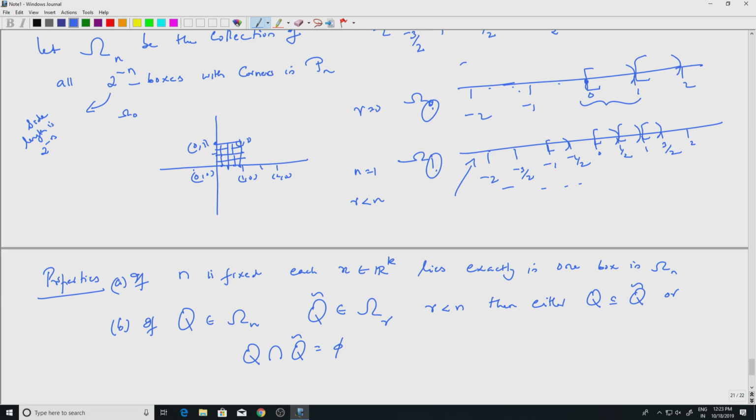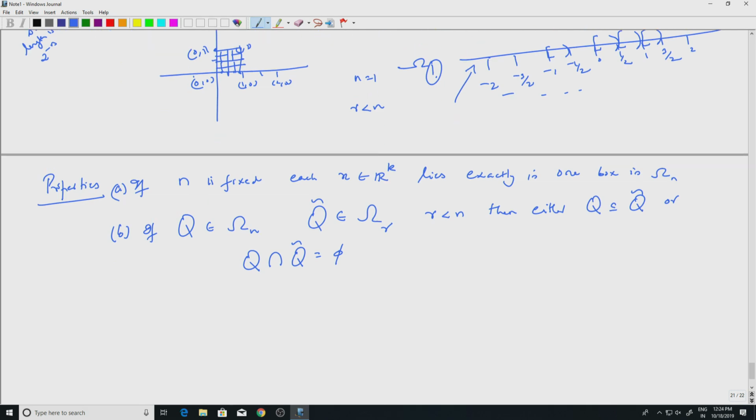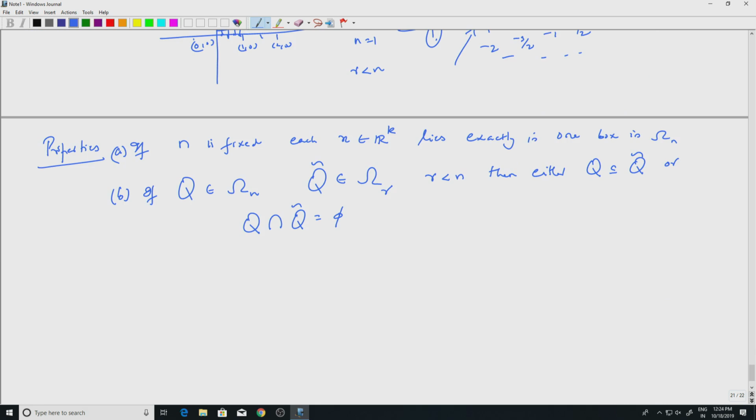At each level you are dividing the intervals into 2 equal halves to go to the next level. So, when you compare with boxes in the previous level, either they are contained inside one box or they are disjoint. So, that is very easy to see.